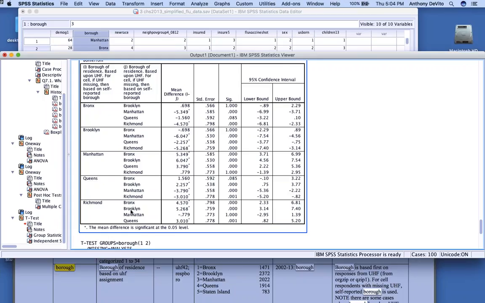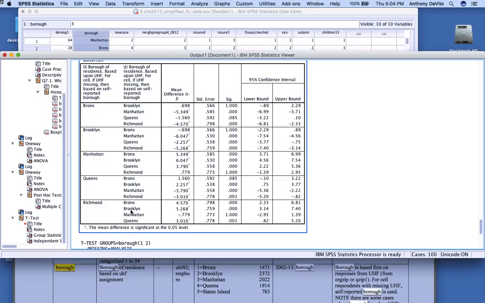In other words, you've rejected your null hypothesis. Now you're doing a post-hoc test to figure out which ones are really different. Some are, some aren't. When you reject your null hypothesis, it doesn't mean all the means are different. It only means that you've proven that some of the means are different. So with this table, a lot of the time you may not be interested in all the other boroughs. You may only be interested in a few of the boroughs, right? But this table gives you everything.